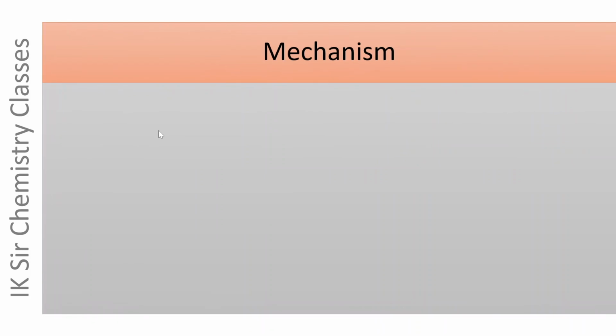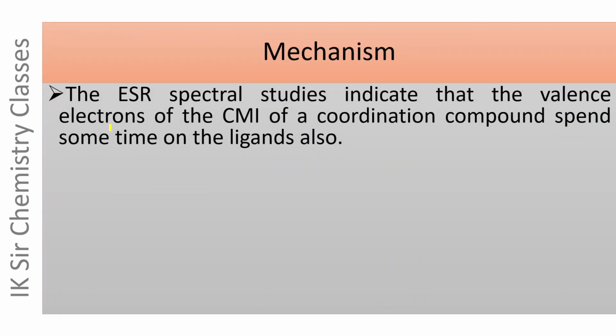Now, the mechanism of electron transfer reaction by outer sphere mechanism. The electron spin resonance spectral studies indicate that the valence electrons of the central metal ion of a coordination compound spend some time on the ligands also.